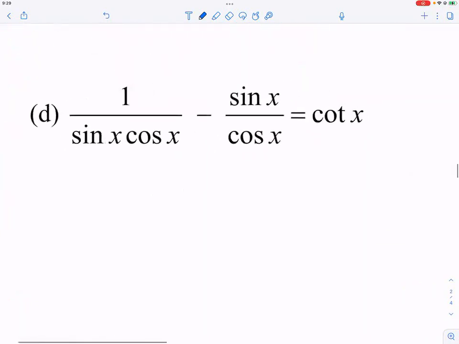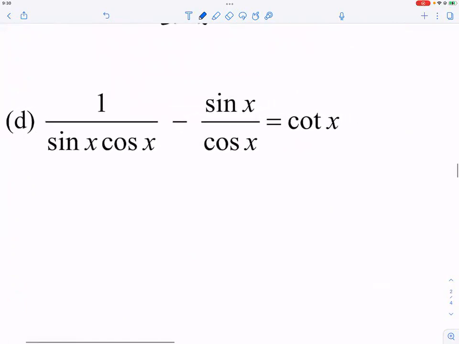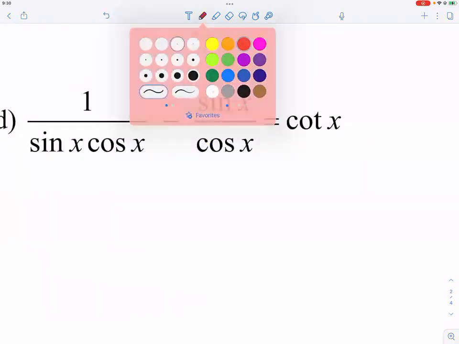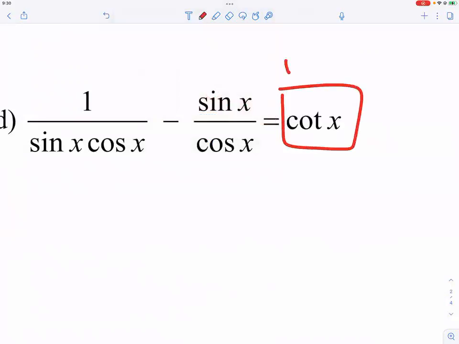So let's go ahead and finish part D here. Can you make the left-hand side equal to the right-hand side? Can you make the left equal to cotangent x? Whenever we have something like this, keep the right-hand side intact.